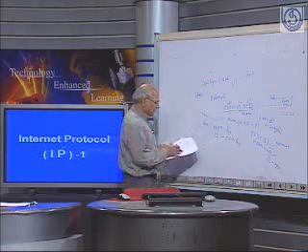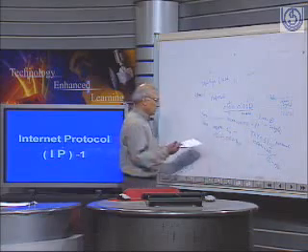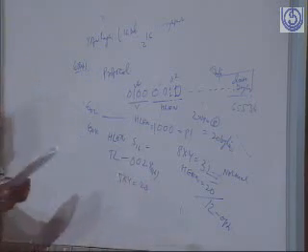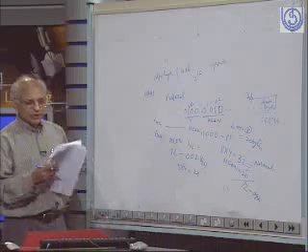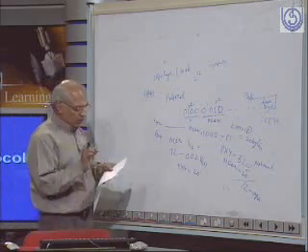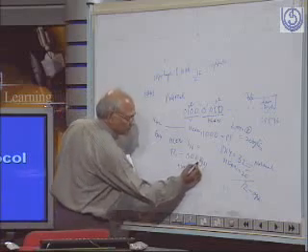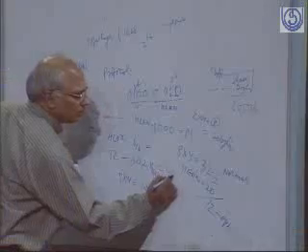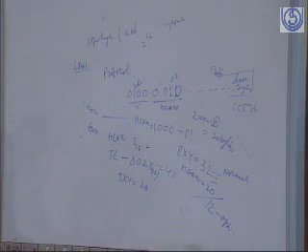The HLEN is 5, so 5 multiplied by 4 is 20 bytes. 20 bytes is my header field. Now what about the total length? If you calculate it from hexadecimal, it becomes 40, because 16 multiplied by 2 is 32, plus 8, that is 40 bytes.